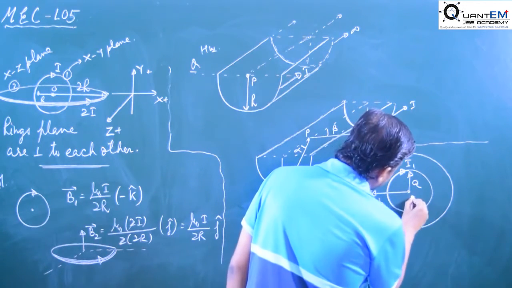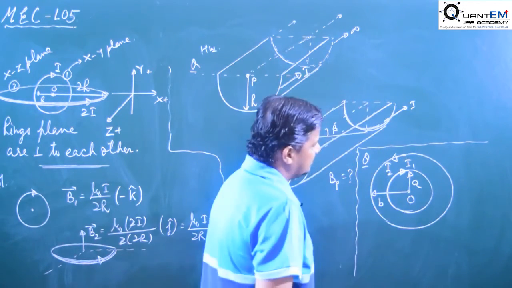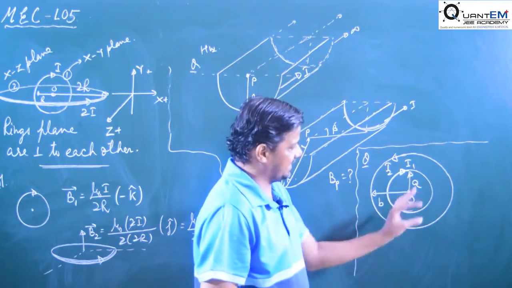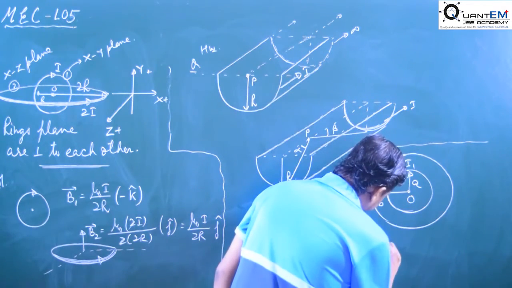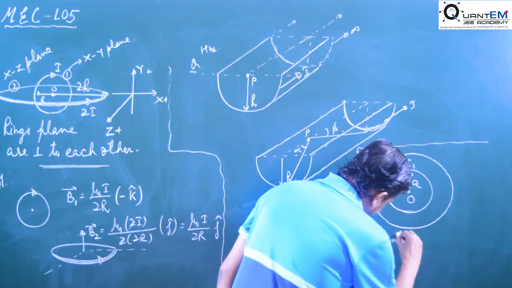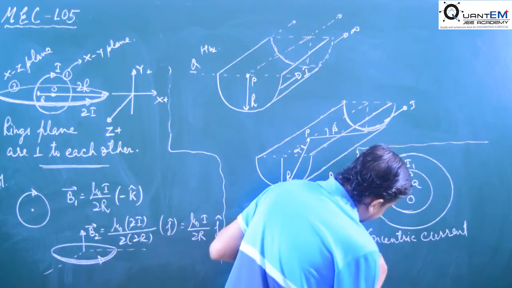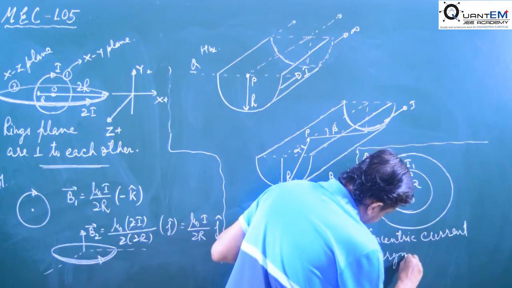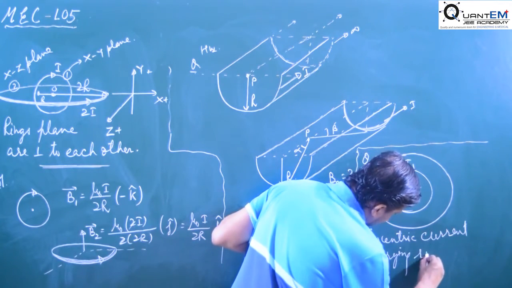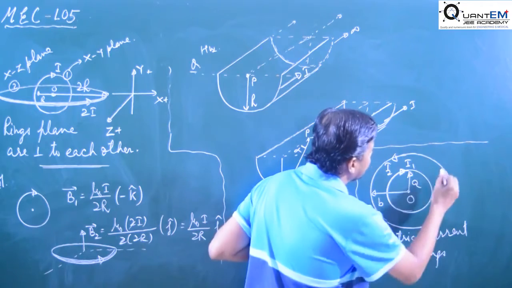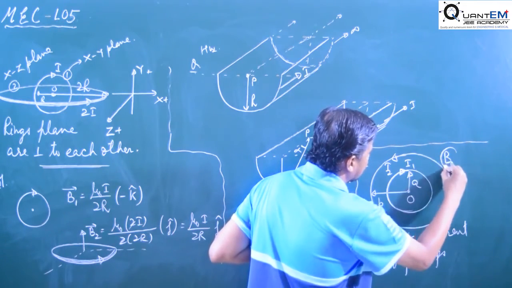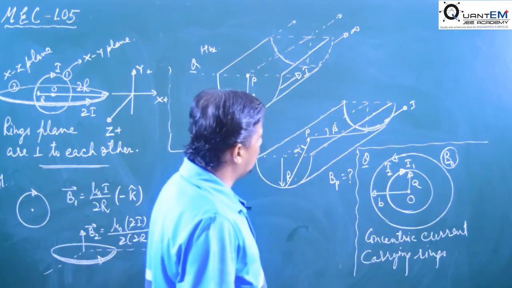You have to find magnetic field at the center. These are concentric current carrying rings. Okay, and you have to find magnetic field intensity at the common center, means at point O.